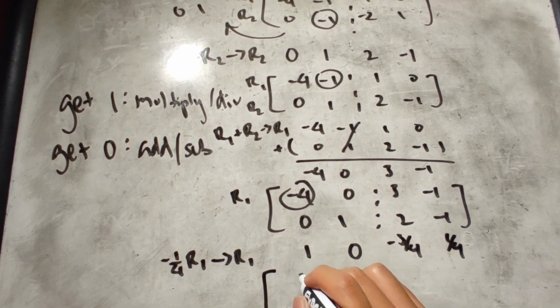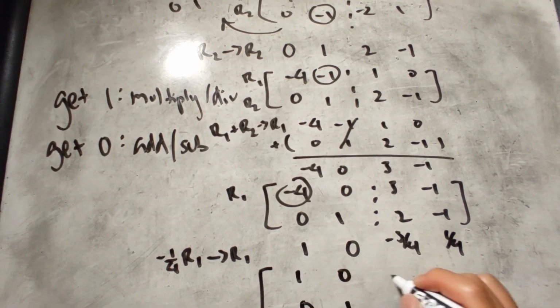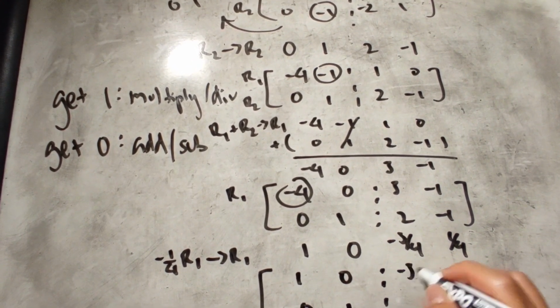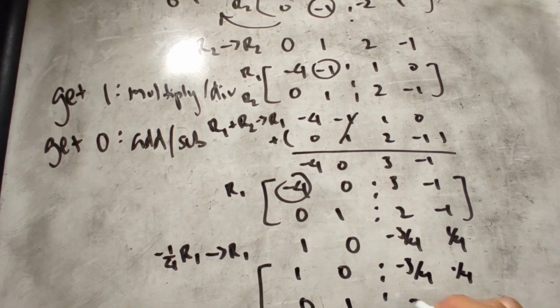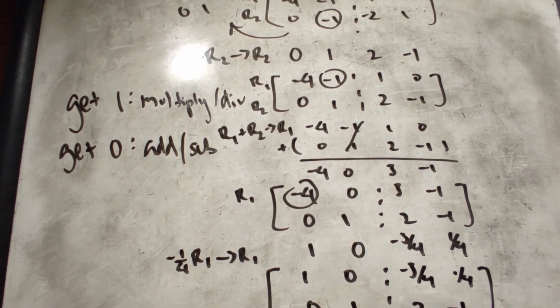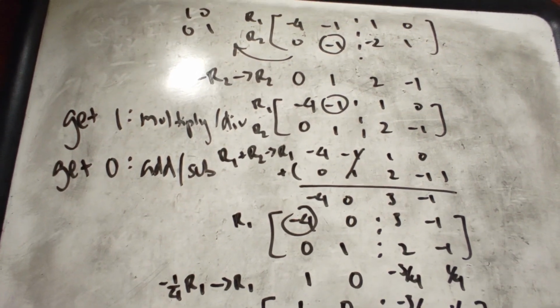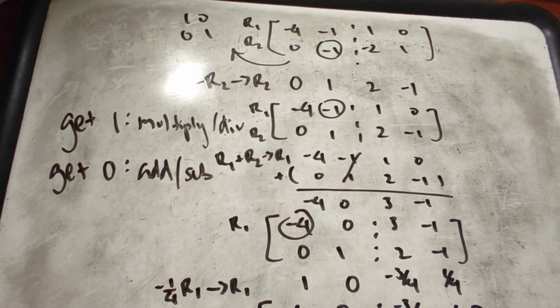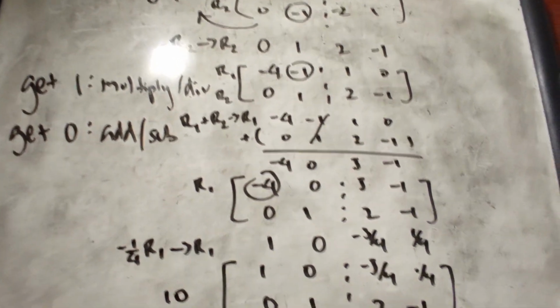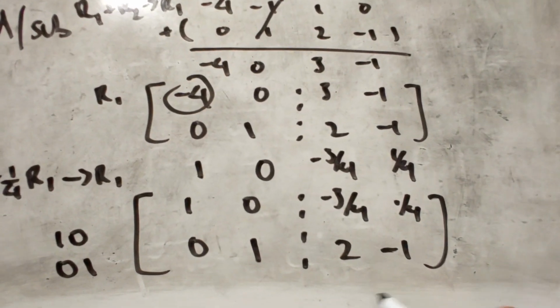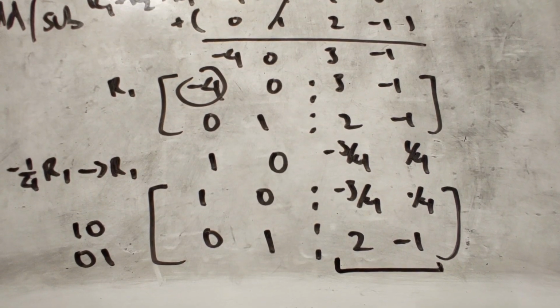And yep, now that we have the left side of the matrix equal to 1, 0, 0, 1, the right side over here, whatever's left over, is the inverse of the matrix.